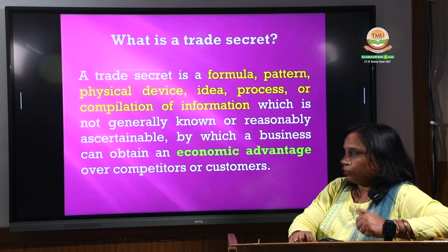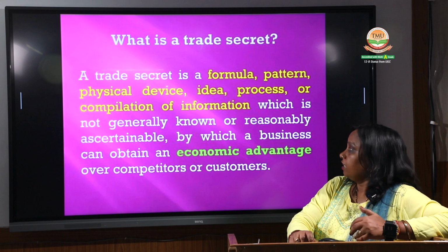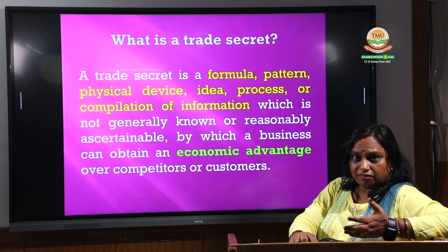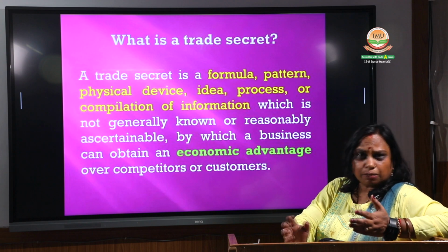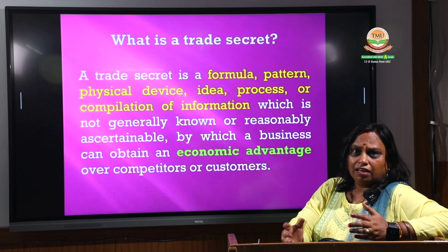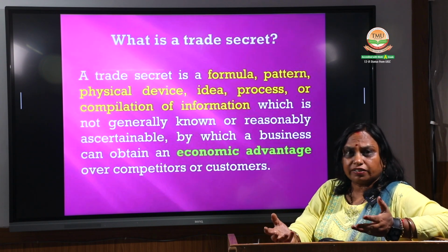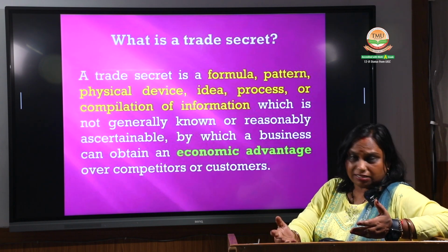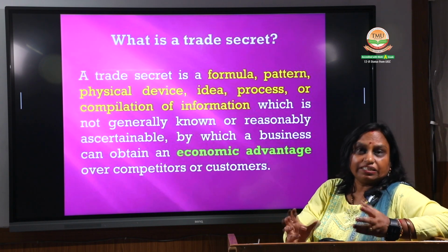So here, what are the important aspects? A trade secret can be any formula, any pattern, depending upon various elements of trade, like the pattern of doing a business, or any physical device.